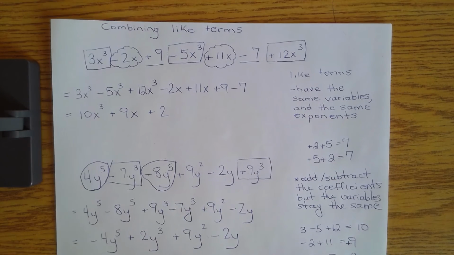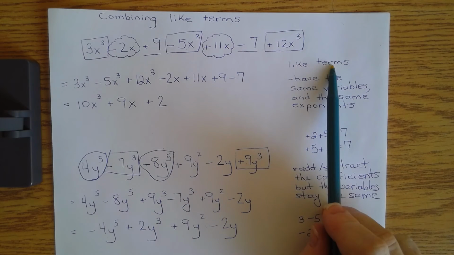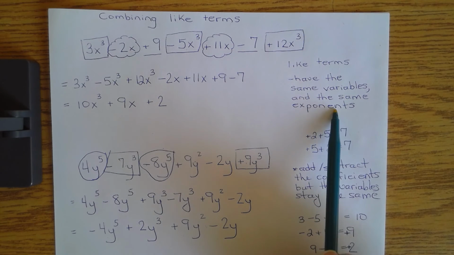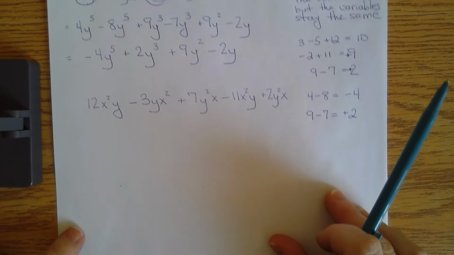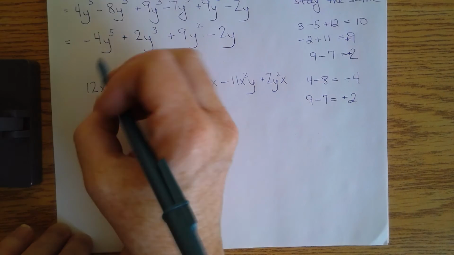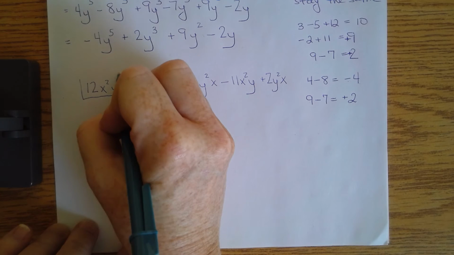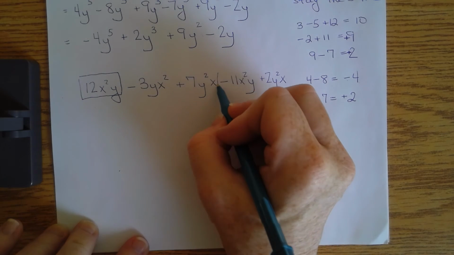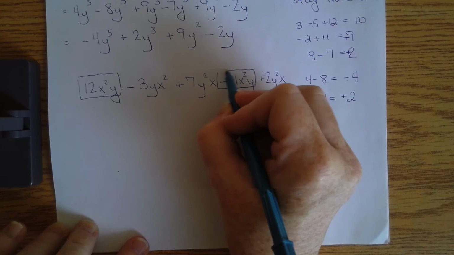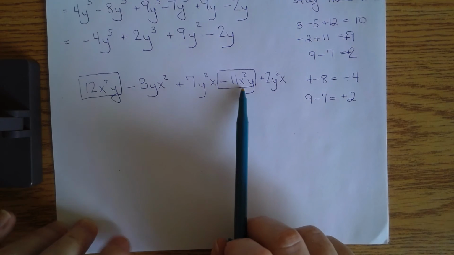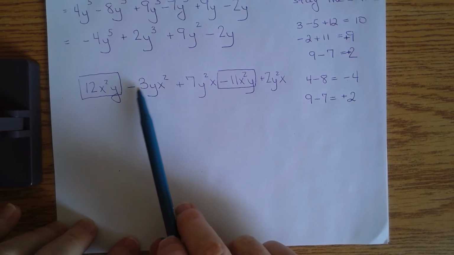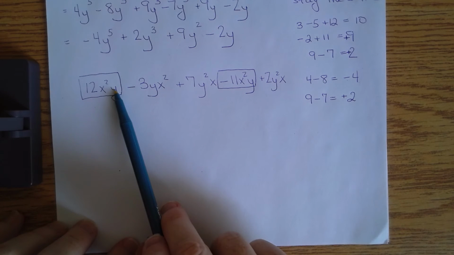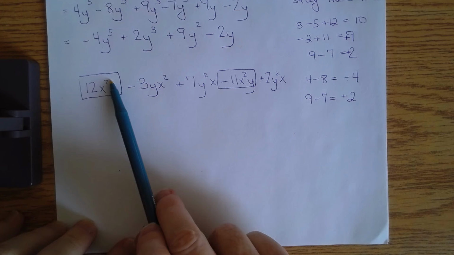Okay, so when I'm looking at these expressions, if I go all the way back to the beginning of this video, I said like terms have the same variables and the variables have the same exponents. So if we go down here and we start looking at our like terms, so here I've got 12x squared y, and I'm looking for another 12x squared y, and so I have a negative 11x squared y. But then when I look here, it looks different, but it's not, because there's a y, and there's an x squared, and there's an x squared.